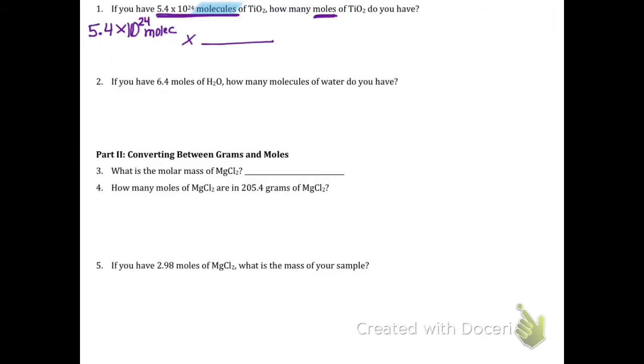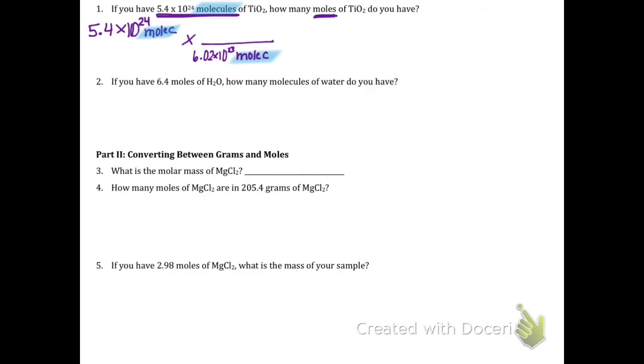Now your molecules are in blue, so whatever's on top must go on the bottom. So I'm going to write molecules on the bottom, right?